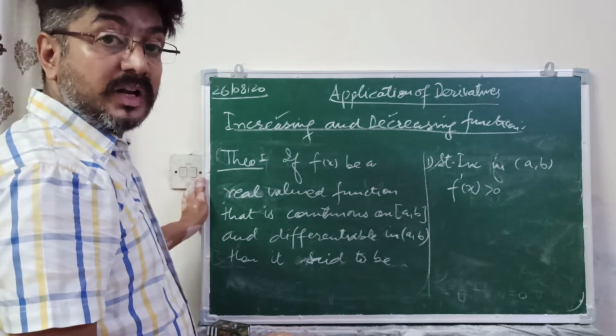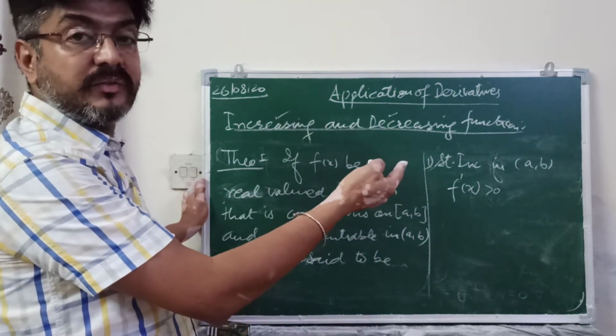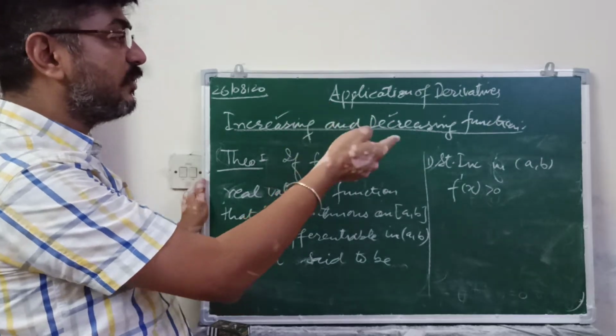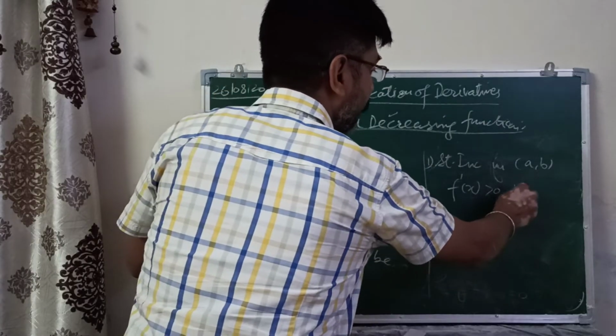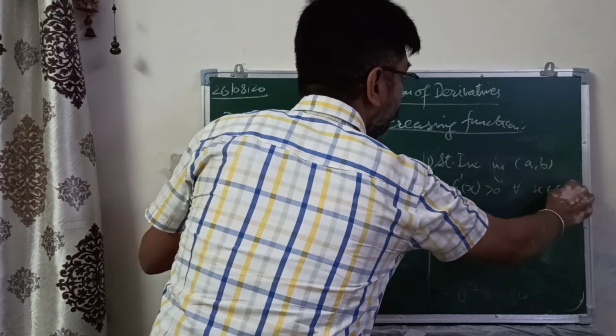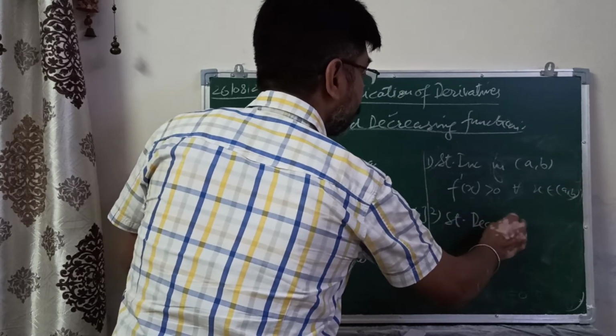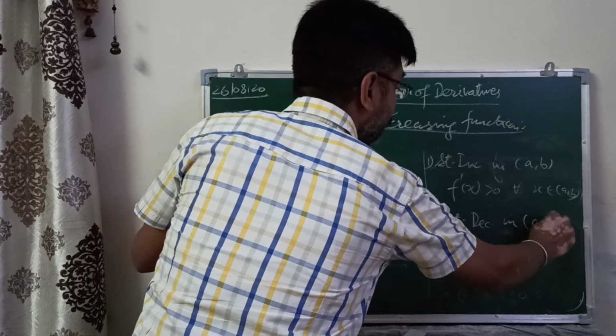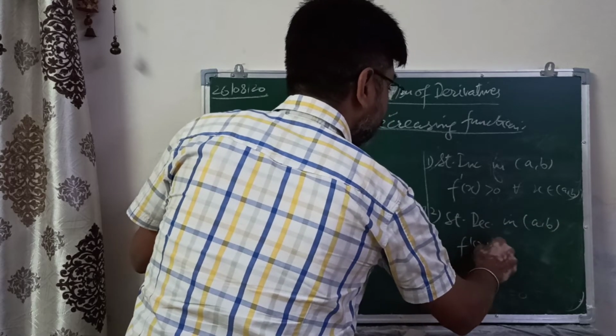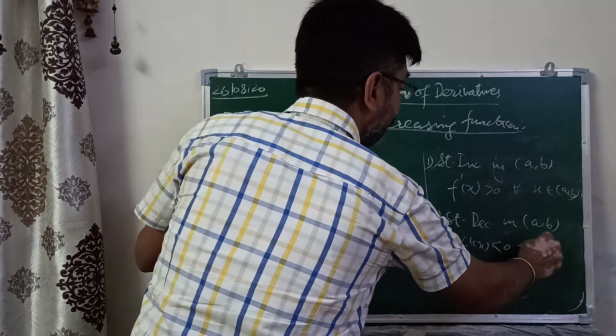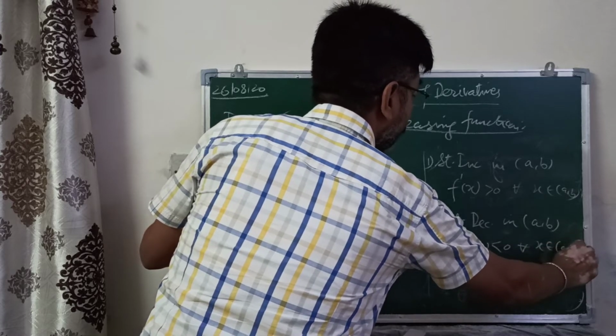In the previous part it was increasing in closed interval. Now it is strictly increasing in open interval if f dash x is greater than 0, x belongs to (a, b). Number 2, strictly decreasing in (a, b) if f dash x is less than 0, every x belongs to (a, b).